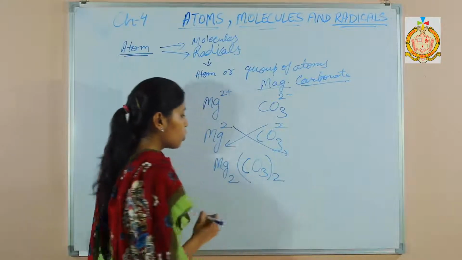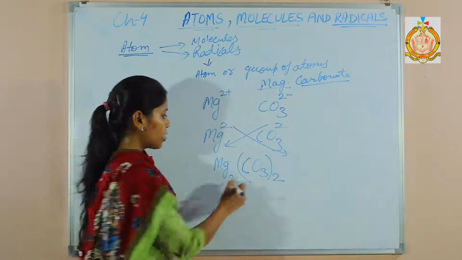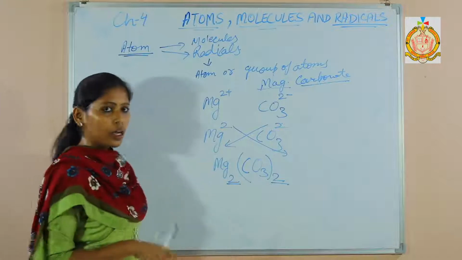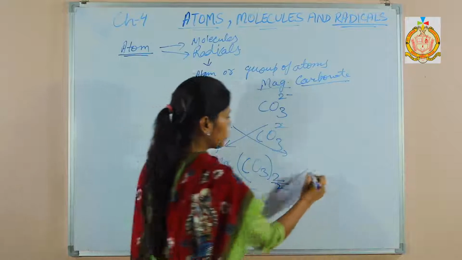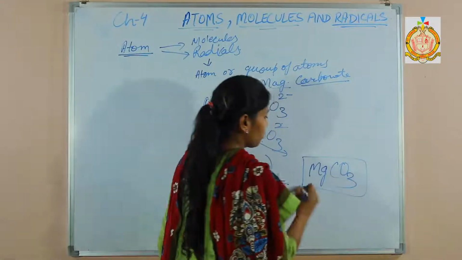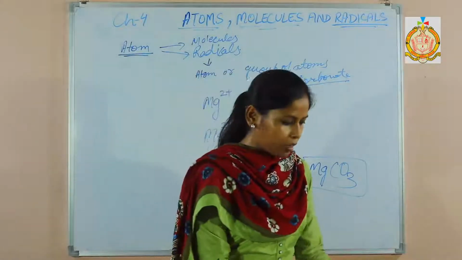Here is also 2. Don't multiply it, just let it be as it is. Then see these 2 and 2, can we divide with the highest common factor? Yes, by 2. So it will become MgCO3. Like this, you can write the formula of a compound by using radicals.